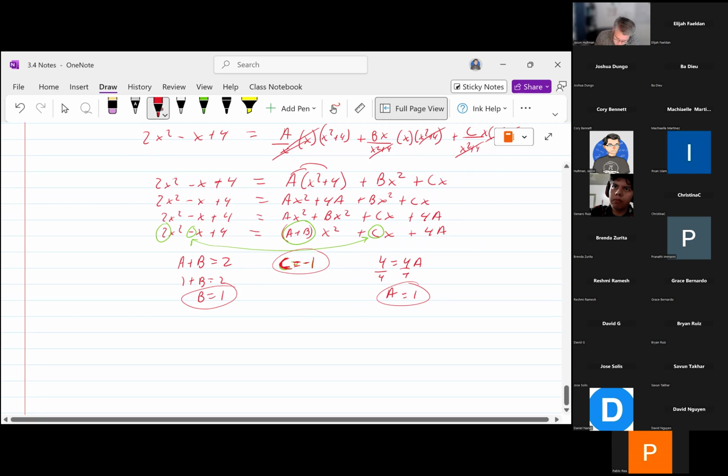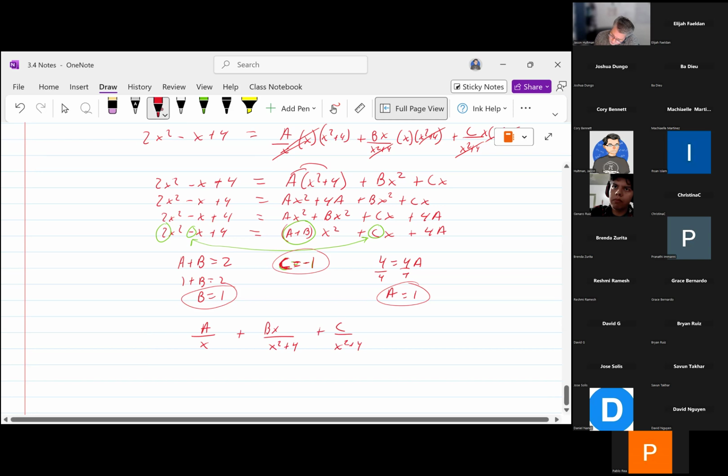Okay, so we're going to get the integral of, well, let's rewrite this. We have a over x plus bx plus c over x squared plus 4, right? Let's just do that.